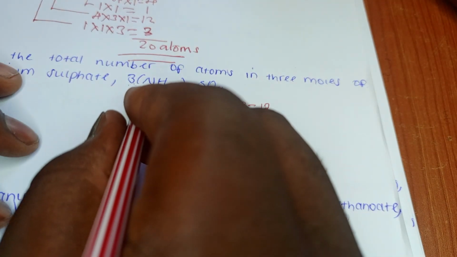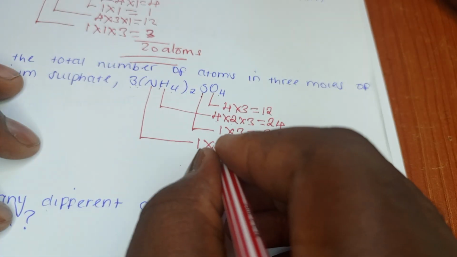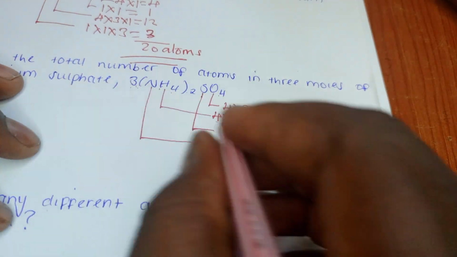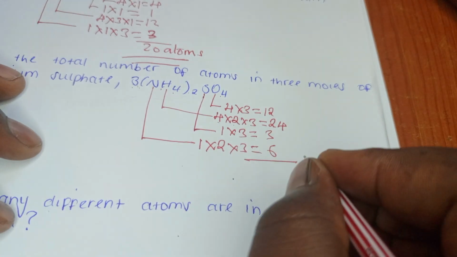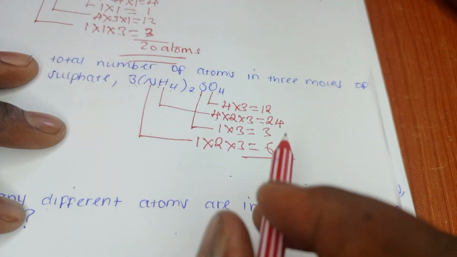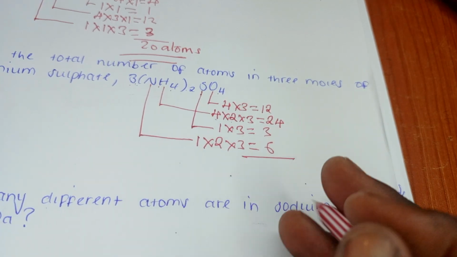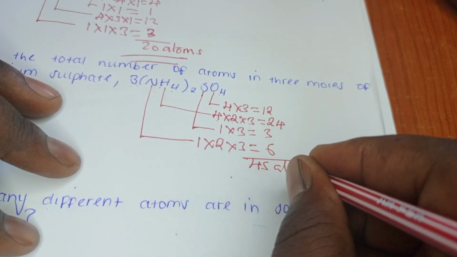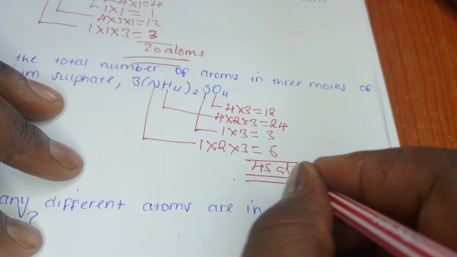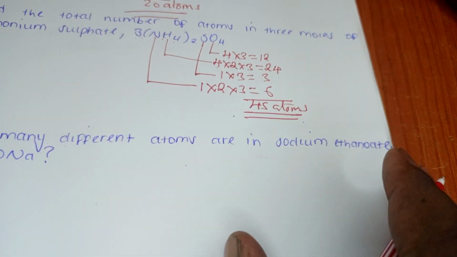Then nitrogen, there's 1 here, 1 times the 2 outside the bracket, then times the 3 in front, equal to 6. Then I'll add everything. So now add 12 plus 24 plus 3 plus 6. The answer is 45 atoms. The final answer. Good.